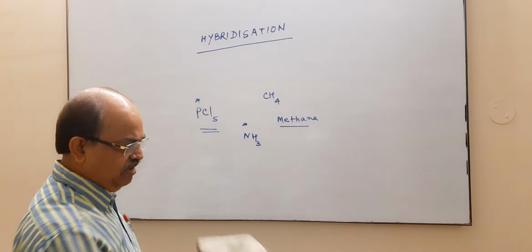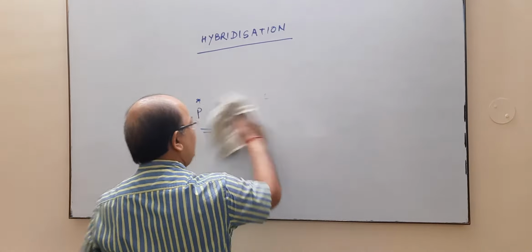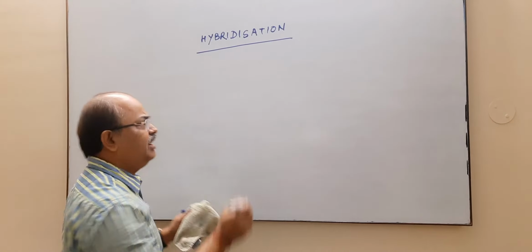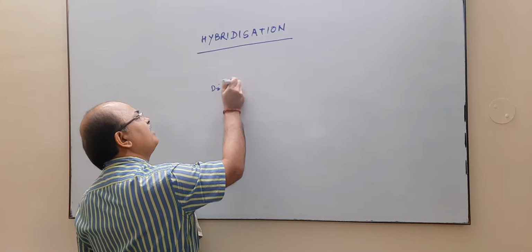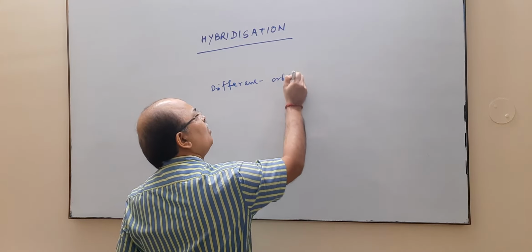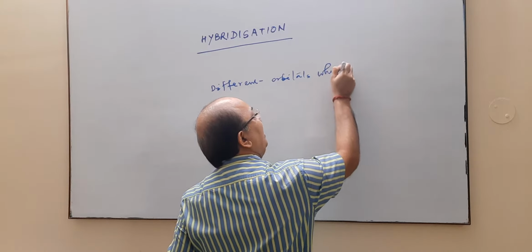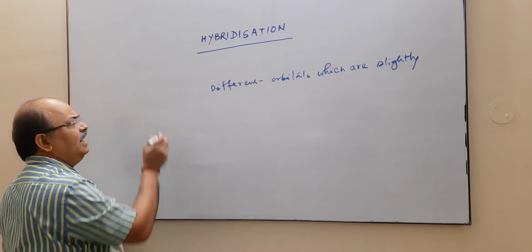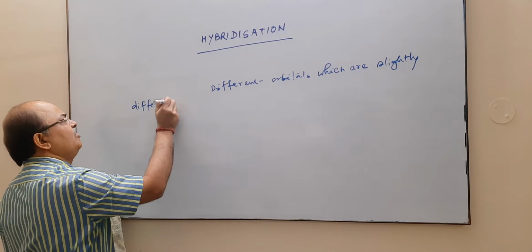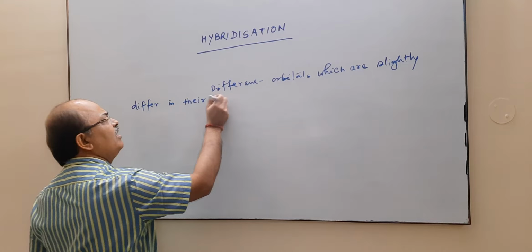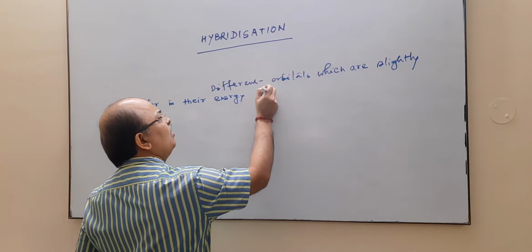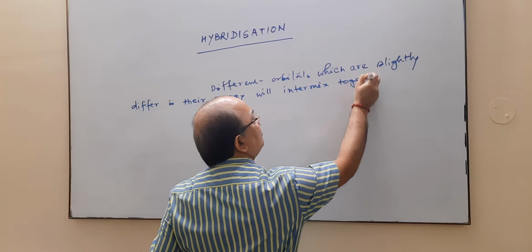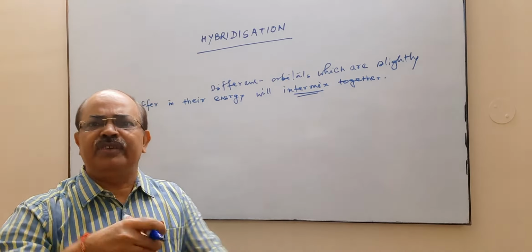Now what happens during hybridization, which is very important? During hybridization, different orbitals which differ slightly in their energy will intermix together. वो आपको क्या करेंगे? इंटरमिक्स करेंगे.